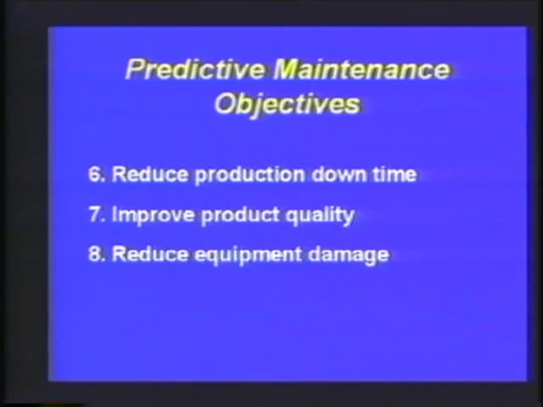Reduce equipment damage, and that again is a byproduct of step number 4 above, and extend the equipment life. Through PM and through predictive maintenance, we should be able to extend the life of the equipment by monitoring the profiles and changing spare parts, doing a better job of lubrication, more frequently, if you will, or on some other schedule basis to keep that machine in operation.